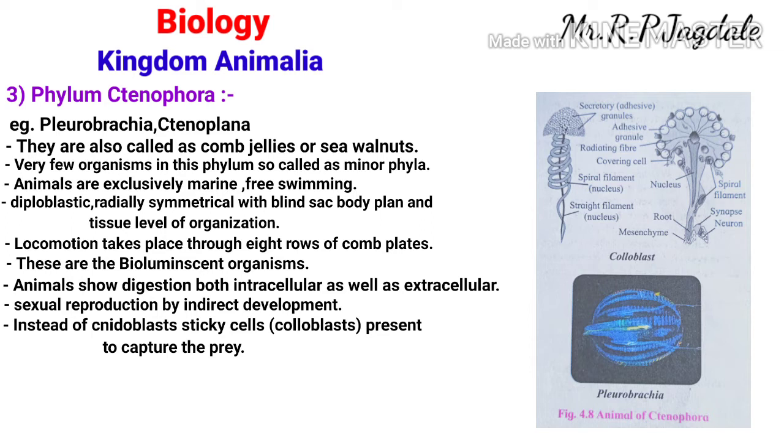They are diploblastic, radially symmetrical, with a blind sac body plan and tissue level of organization. Locomotion is by 8 rows of comb plates, and these are generally bioluminescent organisms. Sexual reproduction is by indirect development, and sticky cells called colloblasts are present to capture the prey. This is the characteristic feature of the phylum Ctenophora.